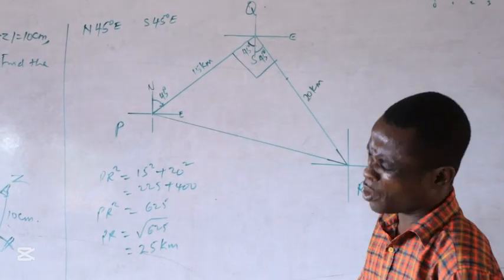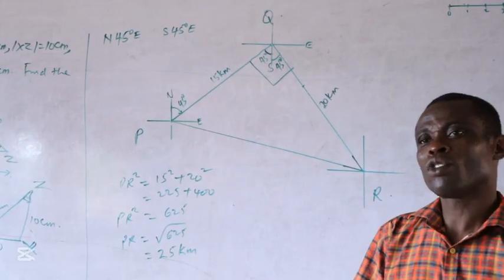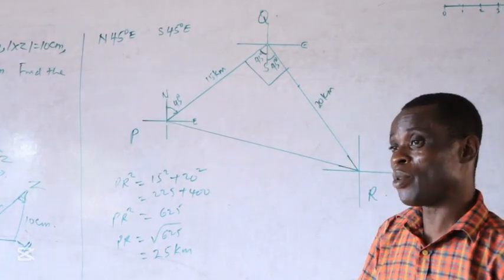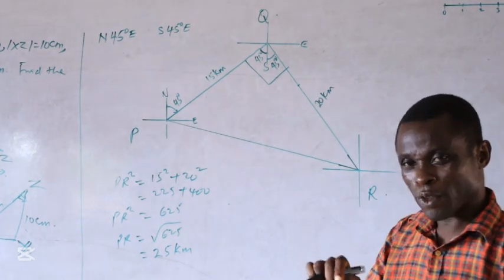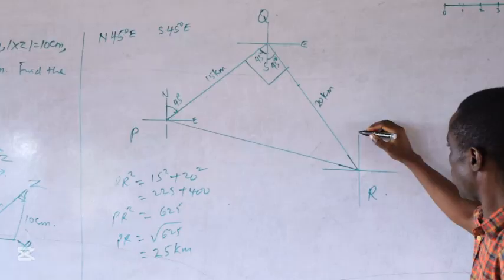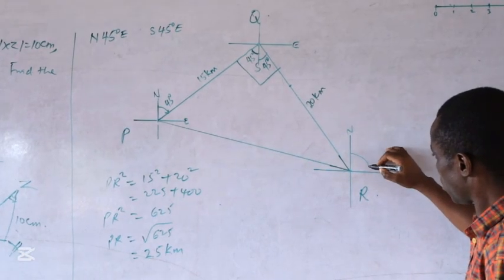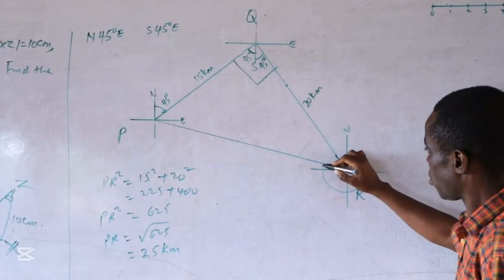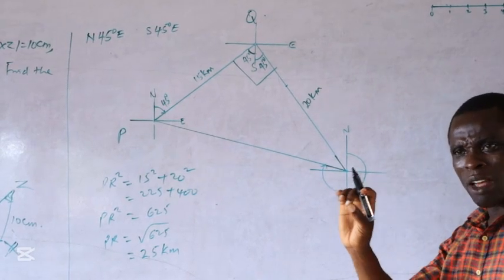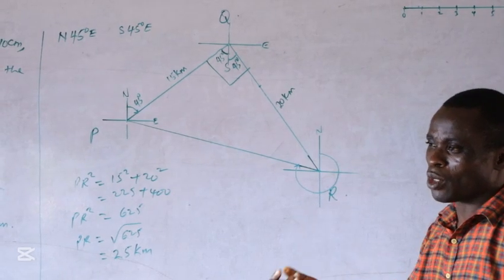Then the bearing of P from R. If you want to draw that bearing and get it, you must first move before you determine what you are trying to calculate. Bearing of P from R, move. With that movement, it has given me the clue of what I'm trying to calculate.